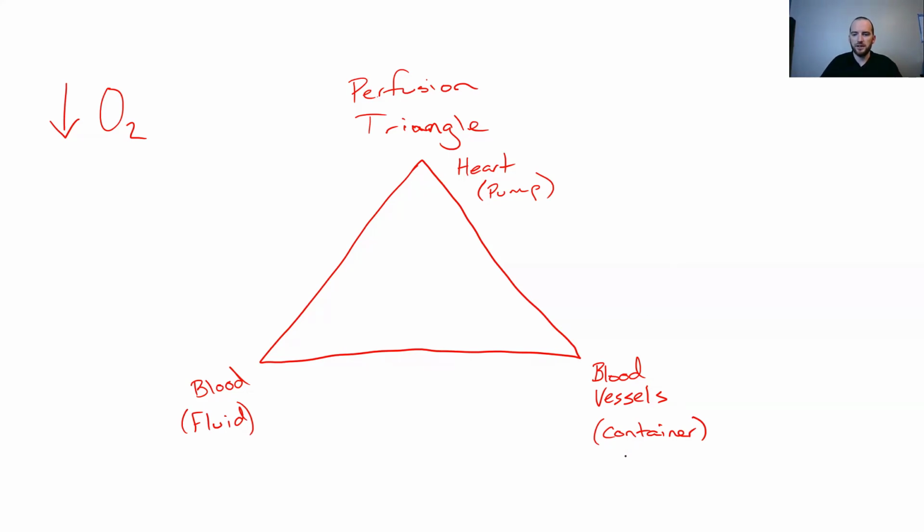I don't like using container; I like saying pipes. We need an appropriately functioning pump, pipes, and fluid. Those three are the key things for the perfusion triangle, which is really saying we need an adequately functioning cardiovascular system. The cardiovascular system is the heart, the blood vessels, and the blood.